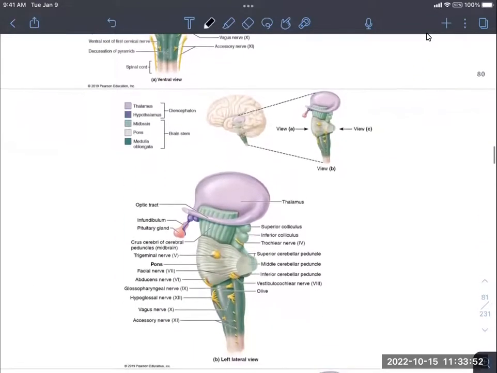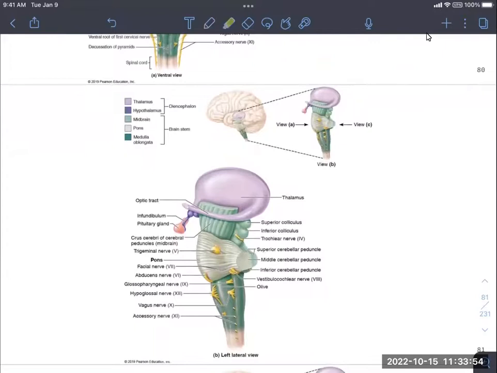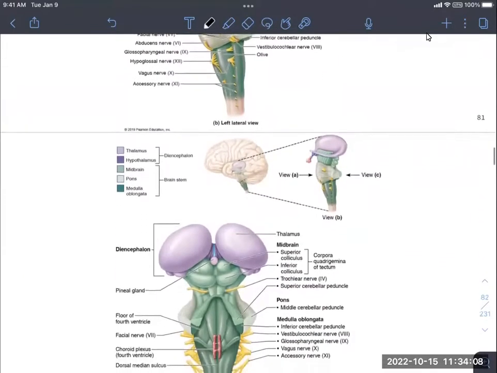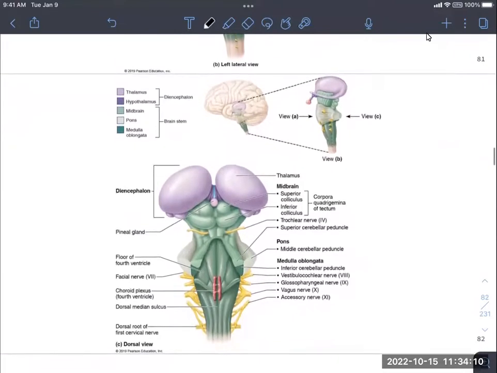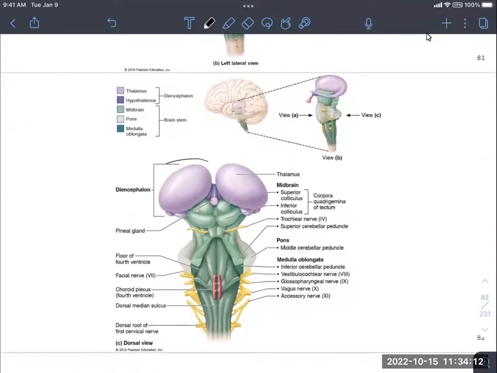Here's another view. You see that thalamus really well. And you have that hypothalamus through here. Another view. Your thalamus. Your hypothalamus is in here with that pineal gland.